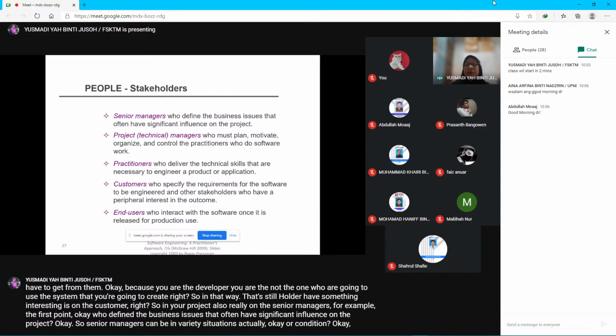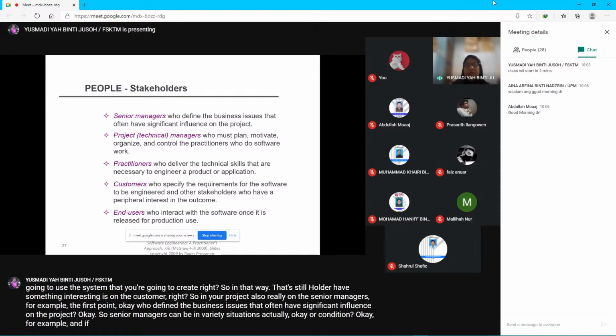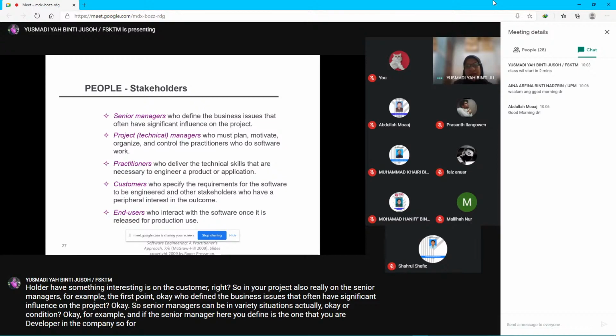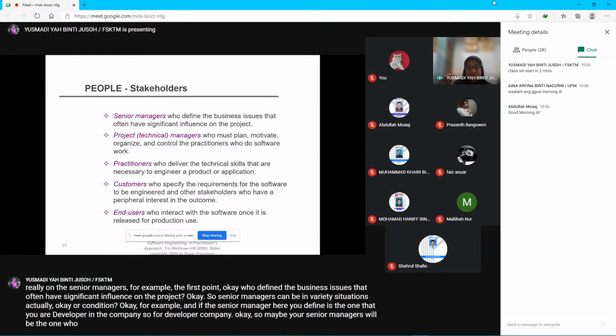For example, if the senior manager is in a software developer company, maybe your senior managers are part of the management, and possibly they are also the ones who monitor the project.